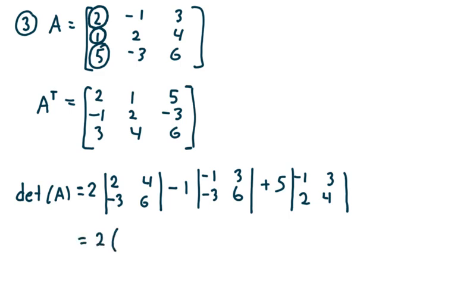So this is 2 times 12 minus a -12, which is 24, minus 1 times -6 plus 9 is 3, plus 5 times -4 minus 6 is -10. I hope that's okay. Well, 2 times 24 is 48. 48 minus 50 is negative 2. Negative 2 minus 3. This should turn into negative 5.